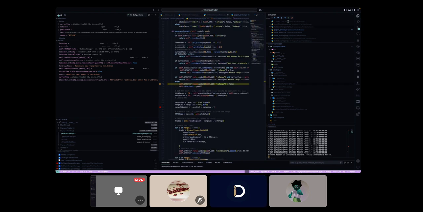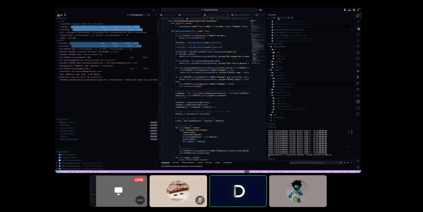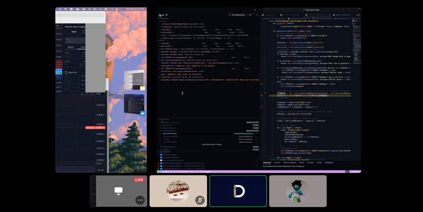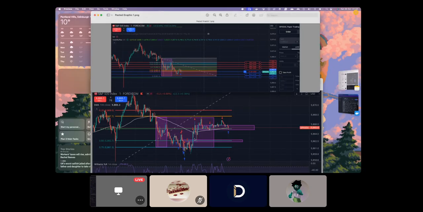We reset all of the levels. We set the tick range. So let's see how many, perfect, 30 ticks. So this essentially is now defining that we will have 30 of these levels inside that range.